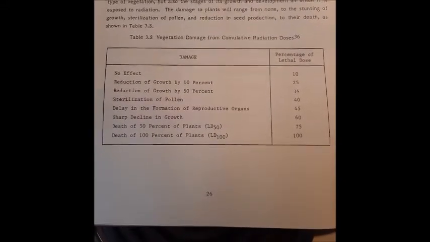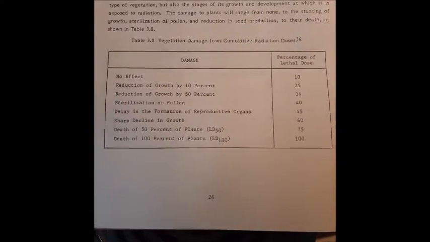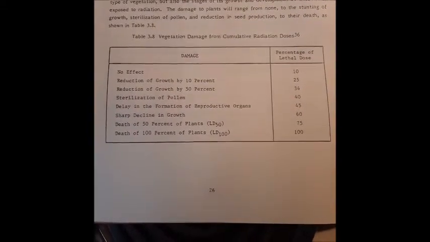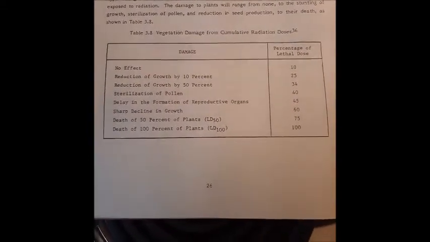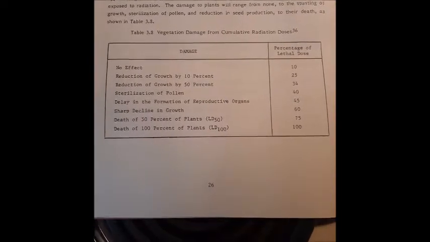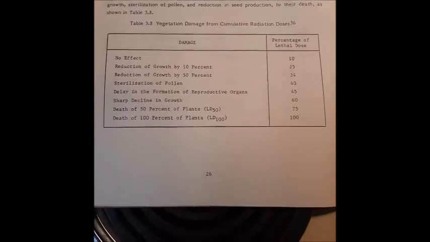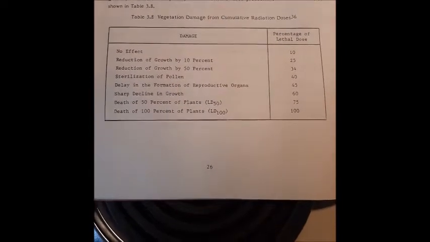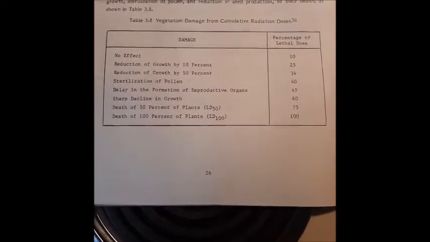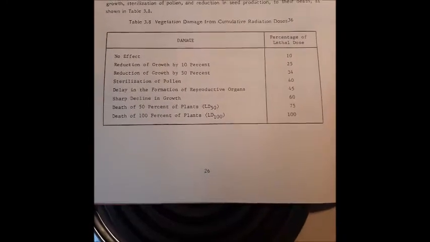But what this one does is if you take any lethal dose, and in the right-hand column, it gives you a percentage. So if you look here on the top line, it says percentage of lethal dose is 10%. So if you multiply whatever the lethal dose is for that plant by 10%, it shows it has no effect.